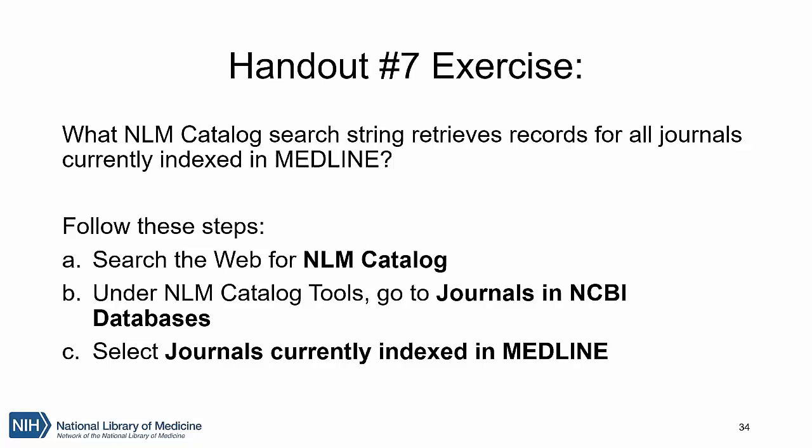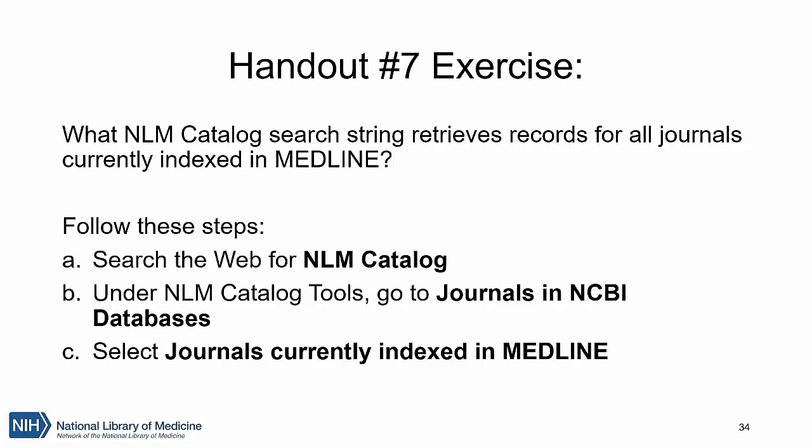So my question for you is, what NLM catalog search string retrieves records for all journals currently indexed in Medline? And the steps on this slide walk you through one fast way to do this. First, open up any web browser and search for NLM catalog.